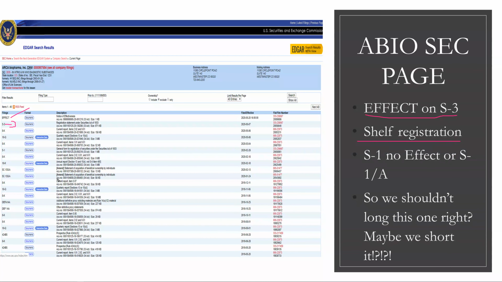Now, do you see this S1? There's no effect on it. So this one's not in play. It doesn't matter right now. So we shouldn't long this one, right? Maybe we should short, because they have an S3 and they have an effect. That means they have a baby shelf and they can raise.